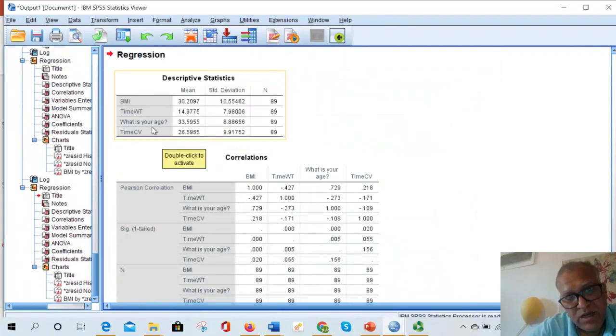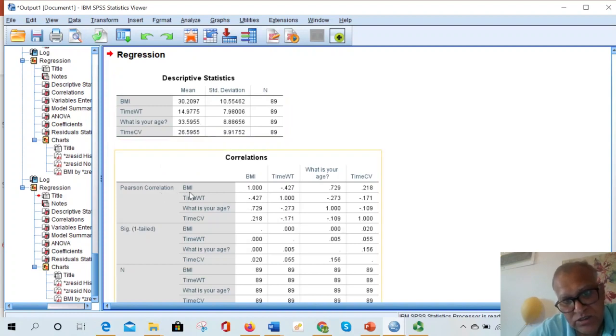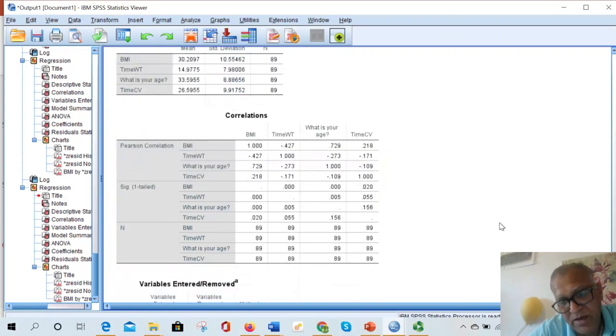Okay, so here the mean value for BMI is 30, for time spent on the weighing machine 14, average age is 33, time spent on cardiovascular is 26, and mean correlation coefficients are shown here. So BMI and time is negative 0.9, while age has a good relationship: the more age you have, the more BMI, the fattier you become. The more time is spent on cardiovascular, the more BMI you get. Okay, so the weighing machine is better.